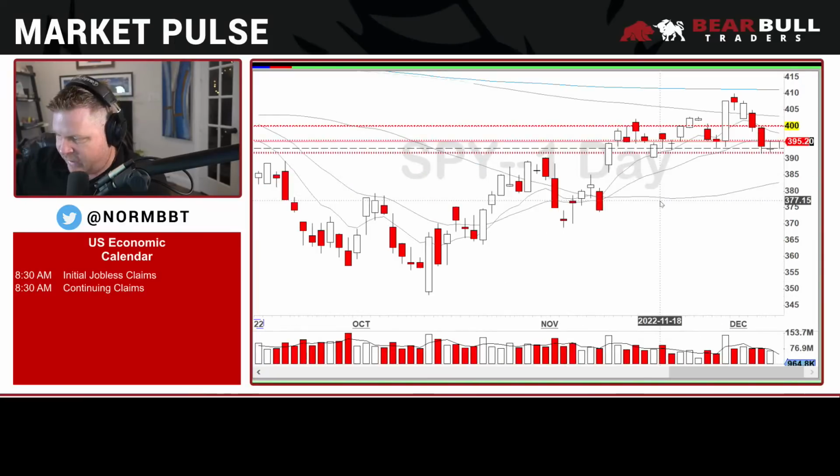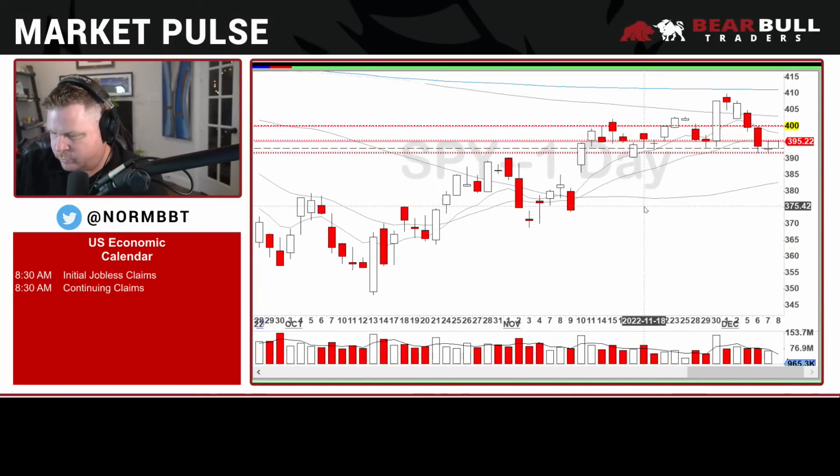I think when Powell spoke and we got that big move a couple of weeks ago, that kind of front loaded what was taking place in the last couple of weeks, and now people want to see if it's going to be confirmed, if inflation continues to cool off a little bit, even though it's still high, and also want to see what happens at this policy meeting.